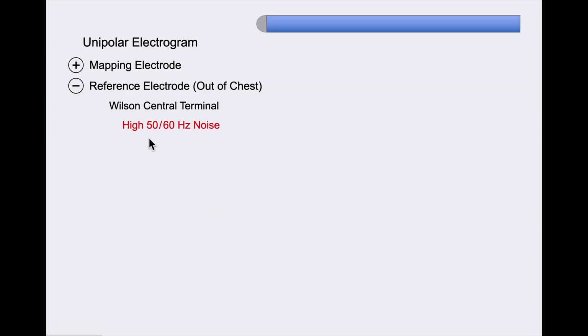The reason you get 50 or 60 hertz noise with a Wilson Central Terminal is at least twofold. First, the differential amplifier is designed to receive inputs that have the same impedance. When you have a mapping electrode with a low impedance and the skin leads forming the Wilson Central Terminal have high impedance, that's one cause of the high noise level.